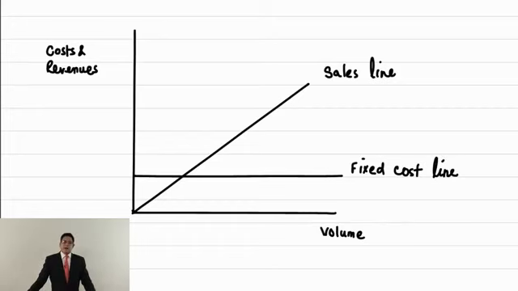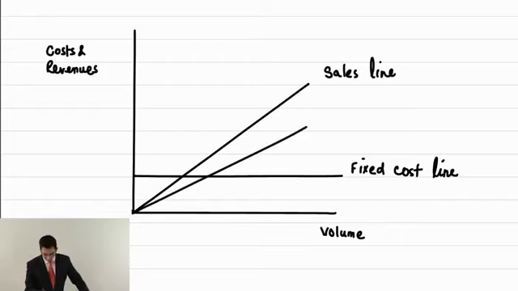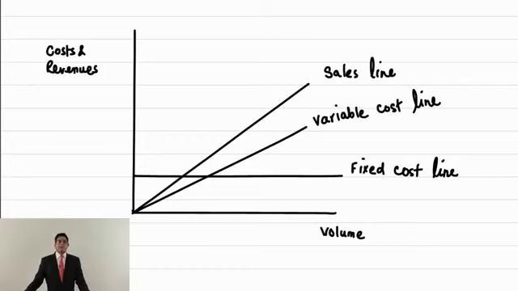Now here is the variable cost line. Variable cost. I think everything is okay.